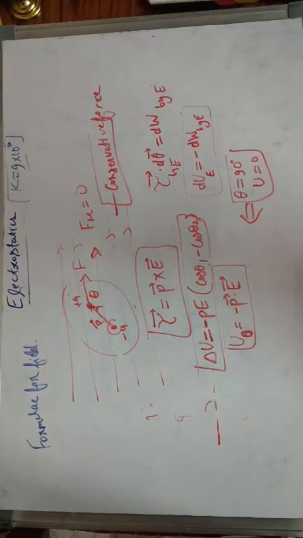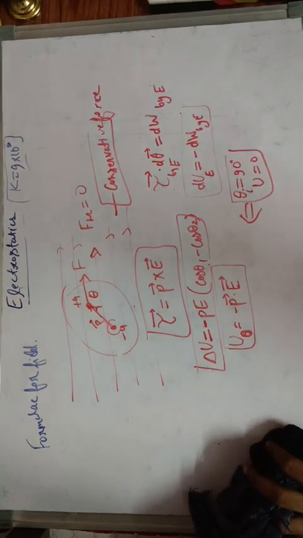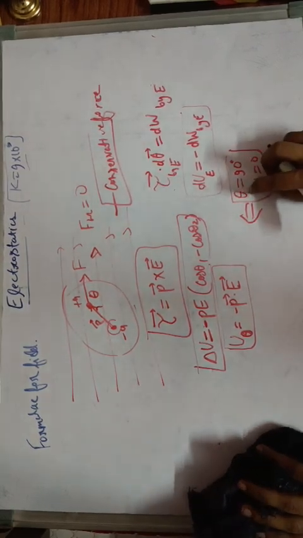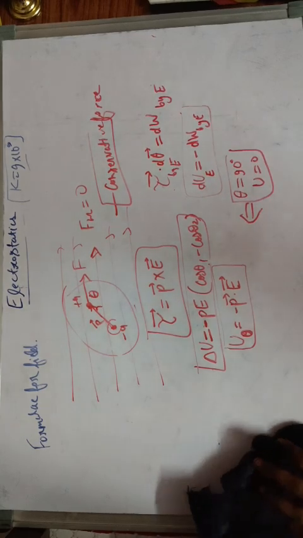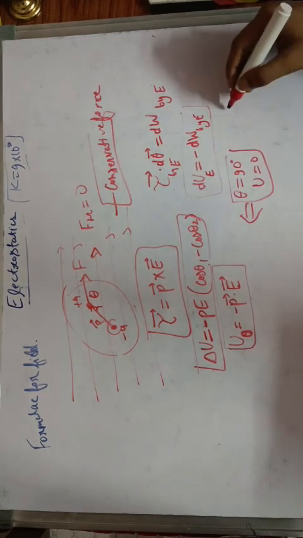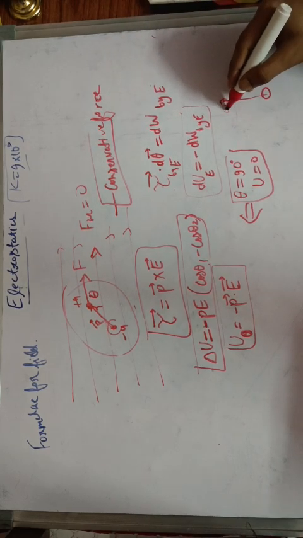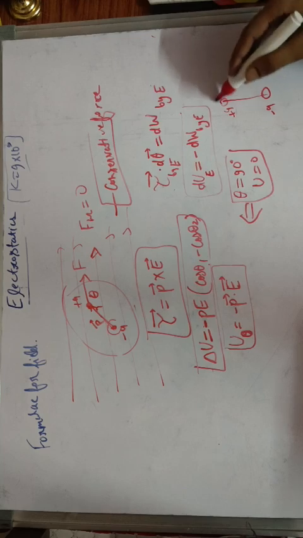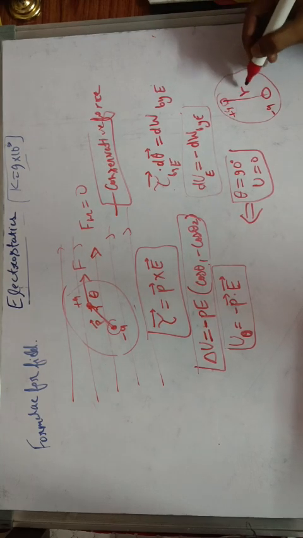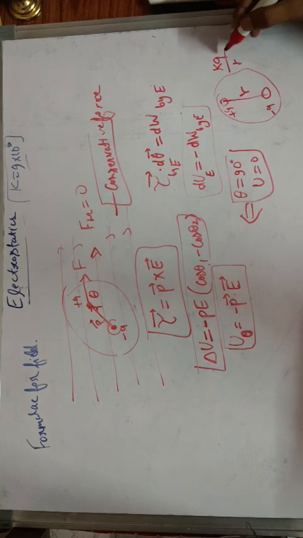And we take theta initial as 90 degree. When theta is at 90 degree, then U is equal to 0. But when theta is at 90 degree, this dipole has its own energy also, because there is a plus q charge here, there is a minus q charge here, there is some potential energy due to their separation also, which is equal to, I guess, kq by r times minus q, minus kq square by r.